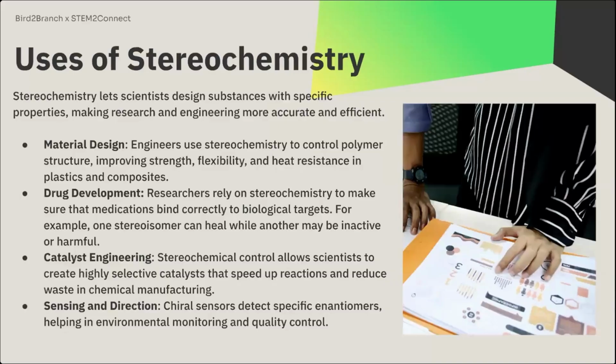So now that we went through some basic concepts, let's go over some uses of stereochemistry. These include material design, so you can control polymer structure and heat resistance in plastics and composites. You can also develop drugs, such as the ibuprofen that I mentioned earlier. You can make sure that medications bind correctly and that the timing is correct. Also, one stereoisomer can heal while the other may be inactive or harmful.